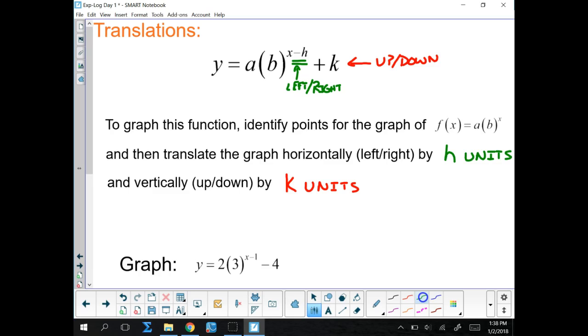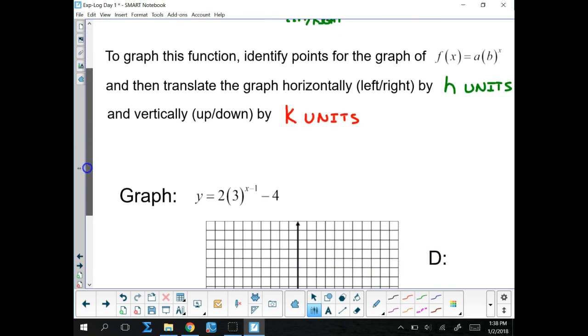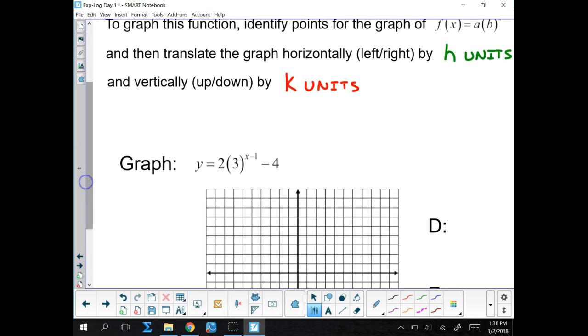Here's how you go about doing that. That's going to shift it 1 to the right, because you have to think oppositely with x.